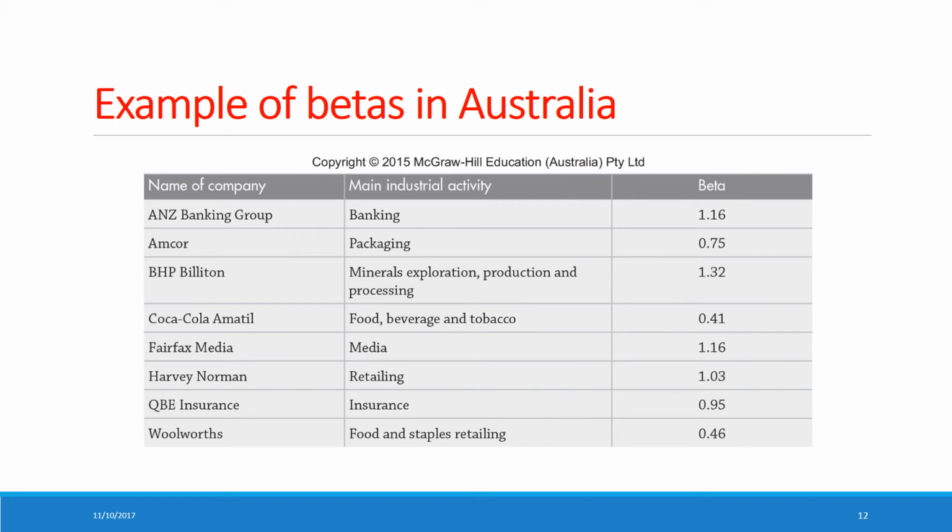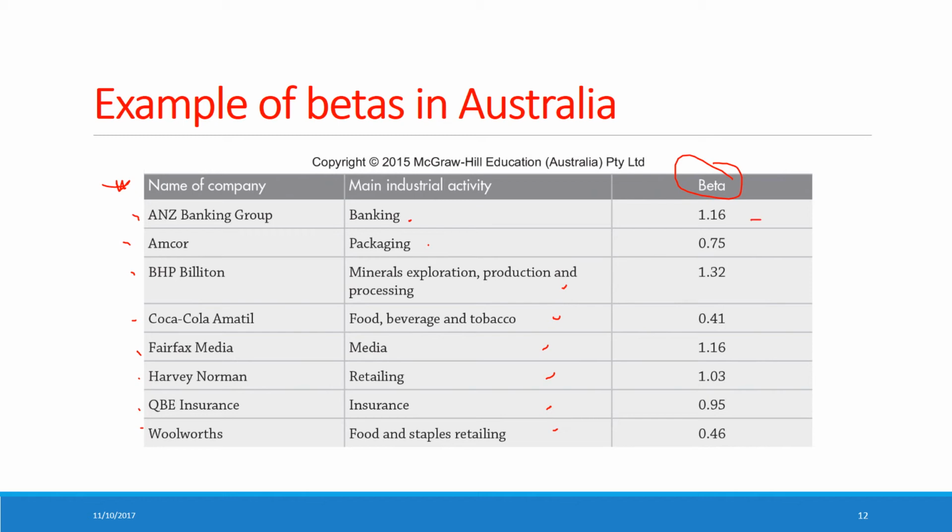So some examples of betas in Australia. I think this data is for 2015. What we have in this table is a few companies in Australia, and these are the industries of these companies, right? This column shows the individual betas for each of the companies in this table.